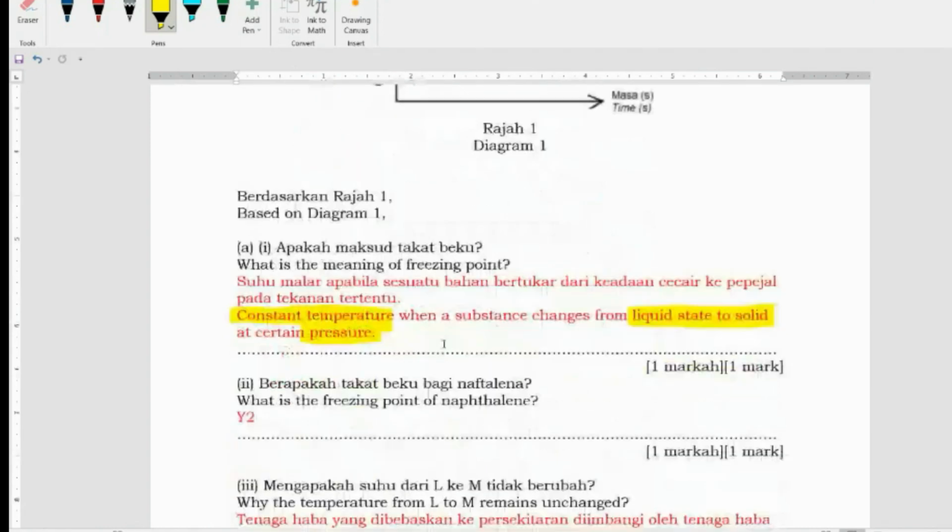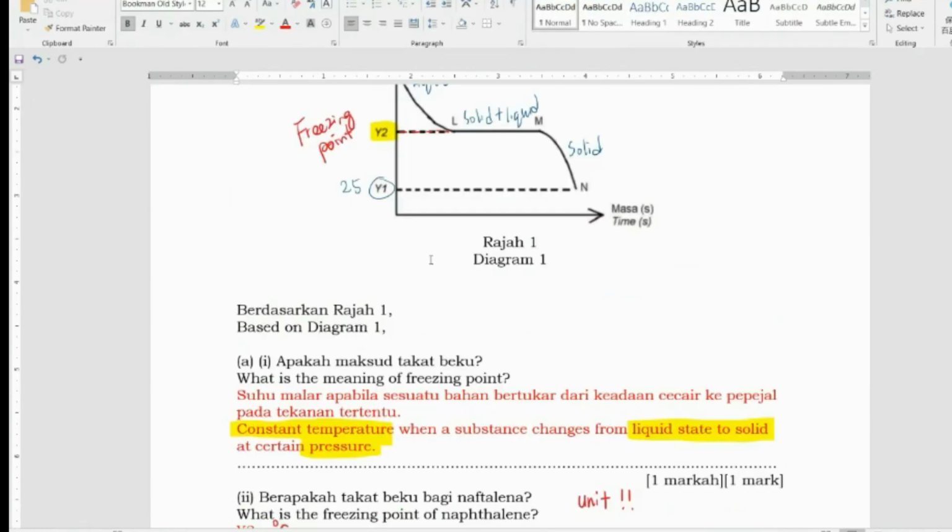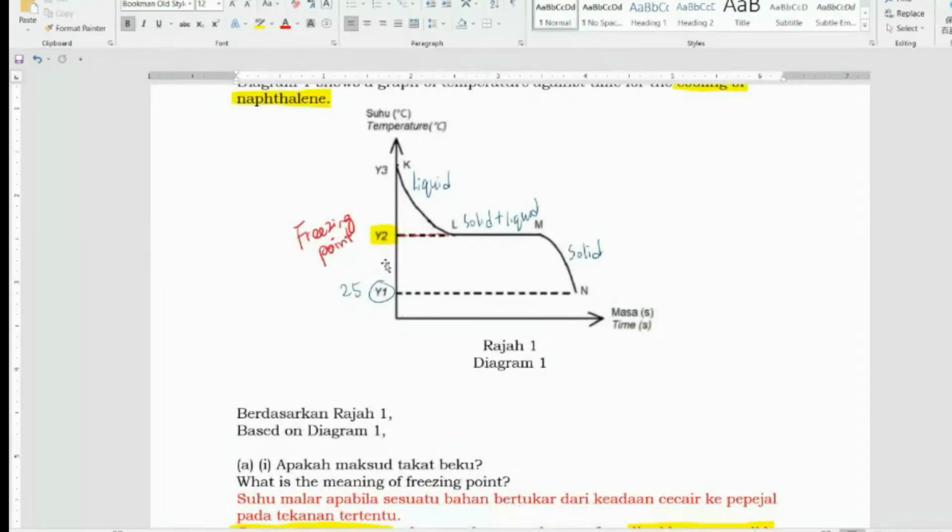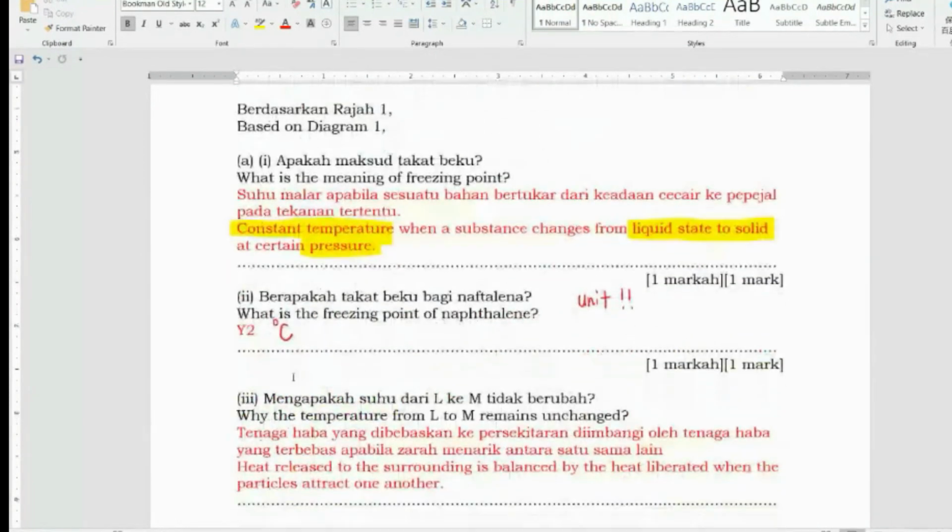Okay. Yang penting okay, freezing point. Okay, Y2. Ingat mesti ada unit. Okay, remember unit. So what is the unit for this freezing point? Degrees Celsius. Di sini, boleh tengok Y2 degree Celsius. Okay, remember, kadang-kadang dia tidak potong markah tapi kadang-kadang dia potong markah. Jadi kita jangan bagi peluang.